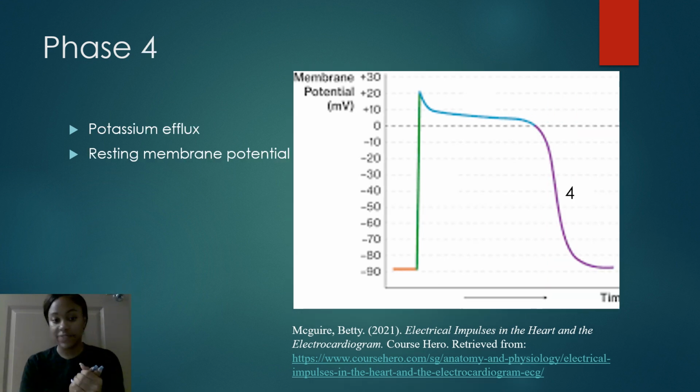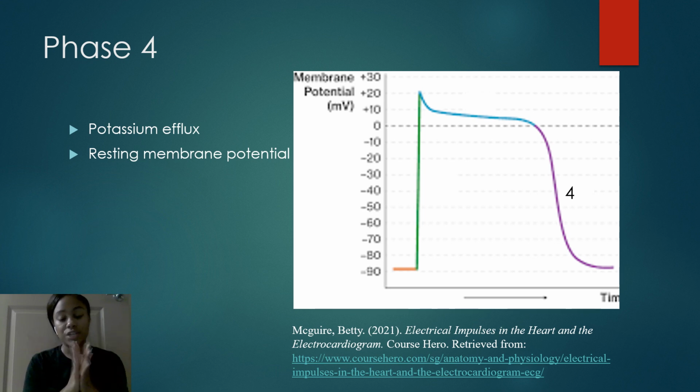So the last phase that I'm going to discuss is phase 4, the falling phase. During the falling phase, there is a decrease in the permeability of calcium, so those voltage-gated channels are closing.